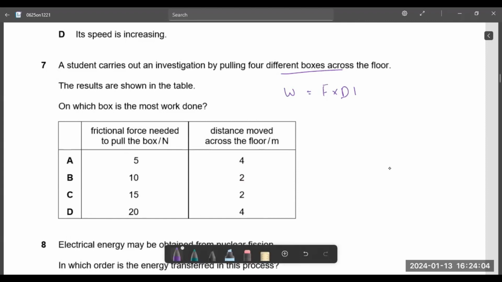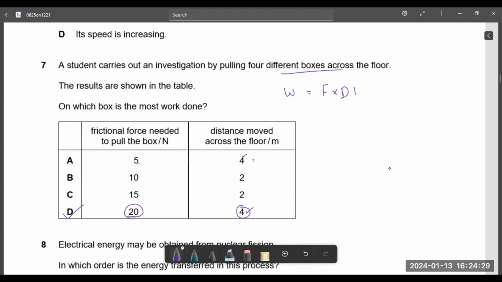Here the frictional force needed to pull the box is maximum, it is 20. And the distance moved is maximum, 4. Here the frictional force is only 5. So the right option is D.